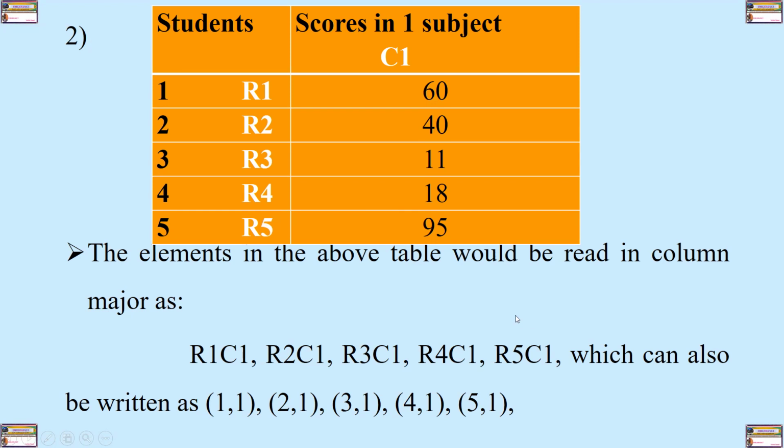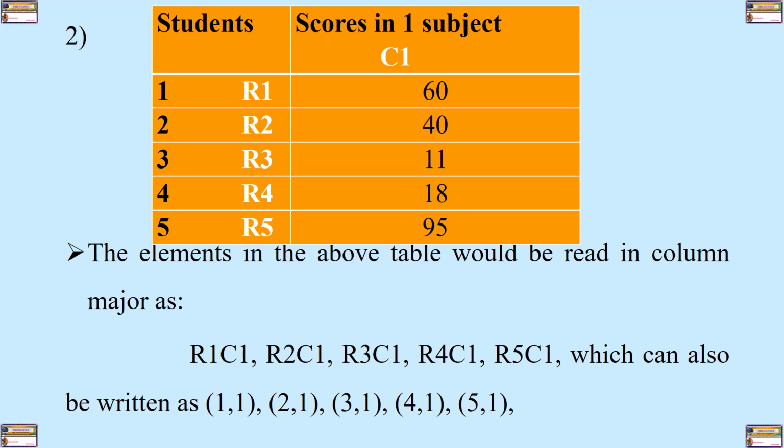Kindly note, my dear students and the rest of the learners, whether you are referring to elements using column major order or row major order, always remember the dimension or the value that begins first is the row, as you have seen. So for column major, we begin reading the row followed by the column. For row major, we still begin with the row.